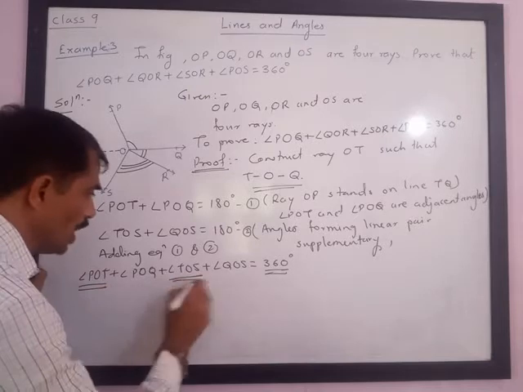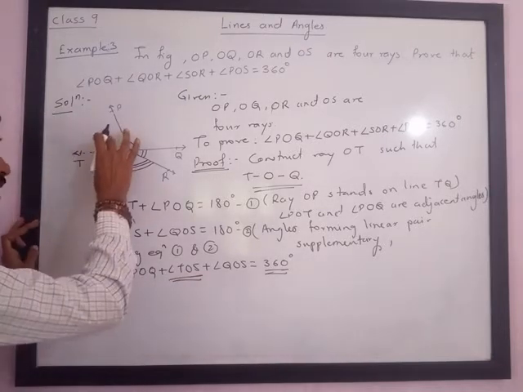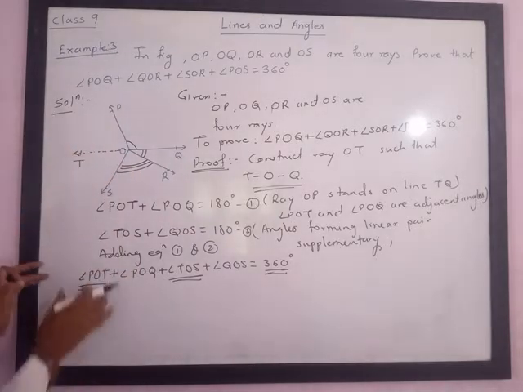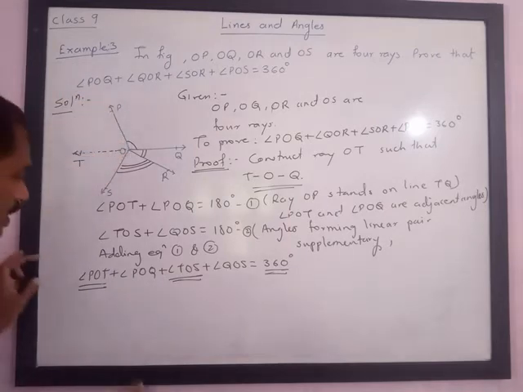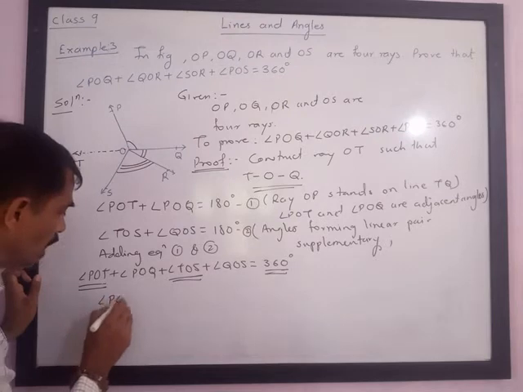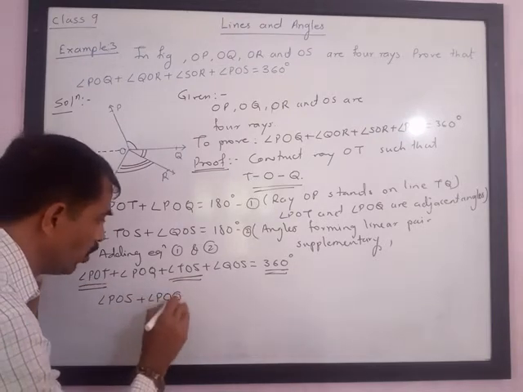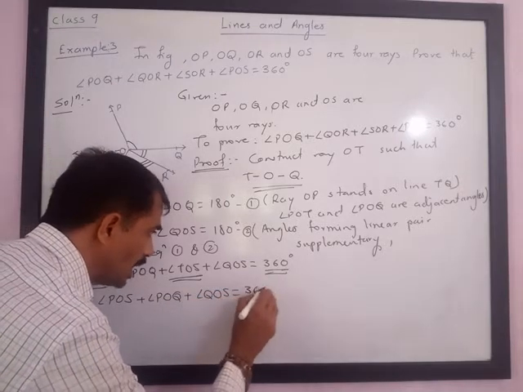Try to understand this. These are adjacent angles with a common ray OT, so they can be added. Angle POT plus angle TOS is equal to angle POS. I have added these two angles, and the others I am writing as they are. Angle POS plus angle POQ plus angle QOS is equal to 360 degrees.